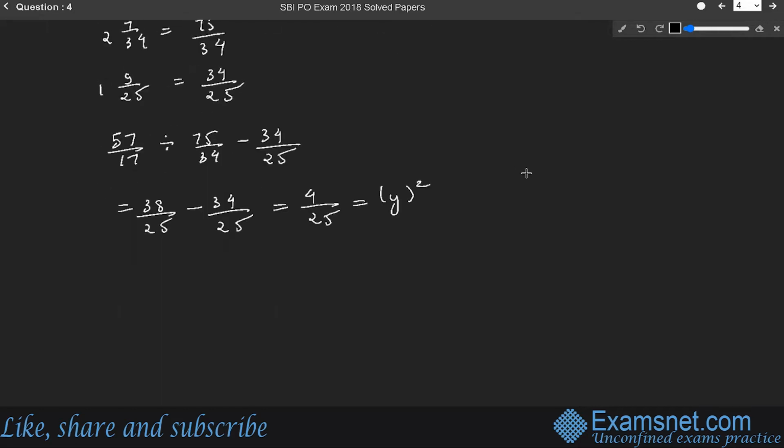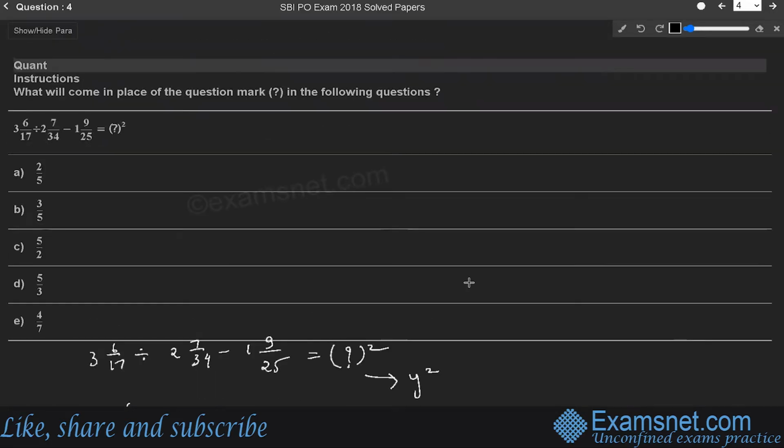So if y square is equal to 4 upon 25, then y will be equal to 2 upon 5. And y is the number in place of the question mark. So the correct answer for this question is 2 by 5. Therefore, option A is the correct option for the given question.